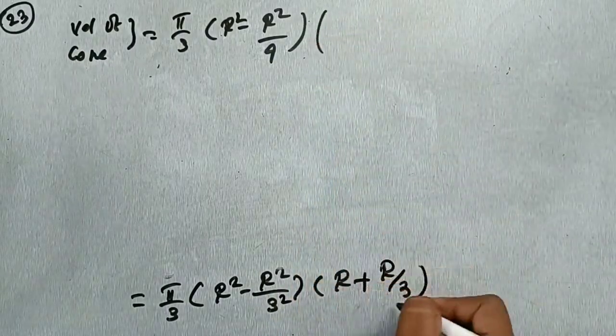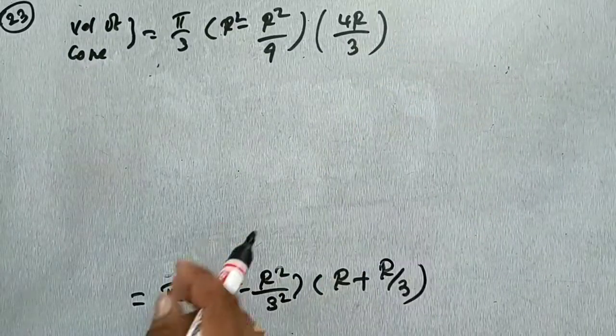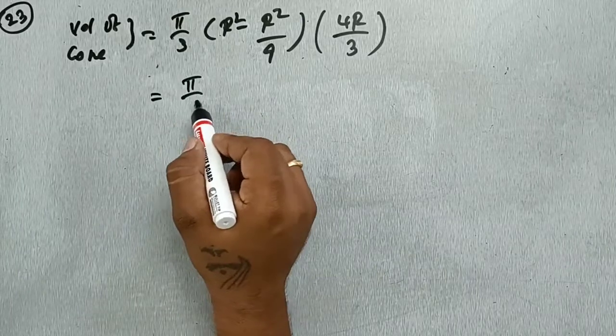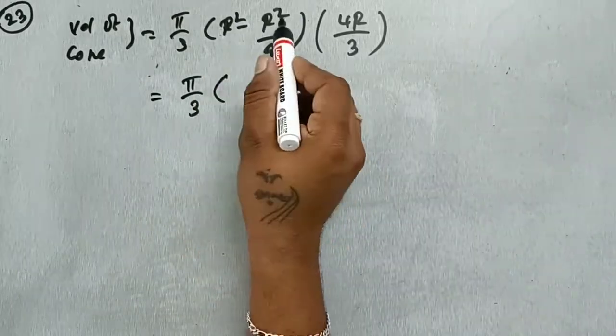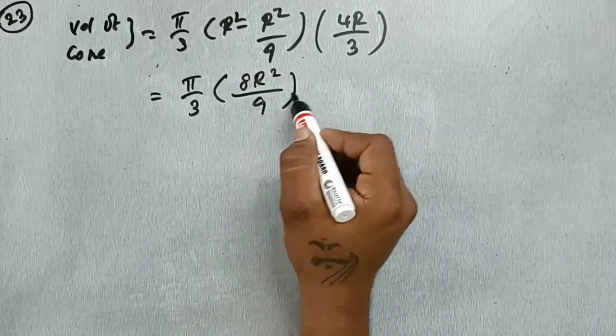Then adding, we will get 4r by 3. Simplifying here, pi by 3 into 9r square minus r square, that is equal to 8r square by 9.